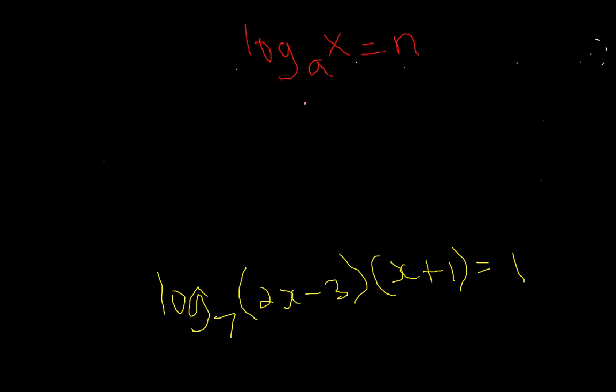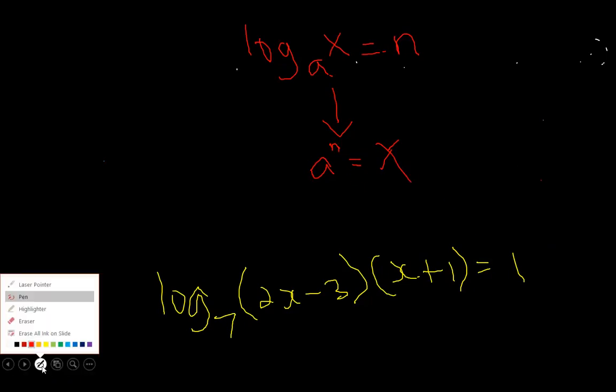And we said if we're given log form, we can write it in exponential form, right? And exponential form looks like this: a to the power of n is equal to x. So what does that mean? I can rewrite this, which is in log form, into exponential form.